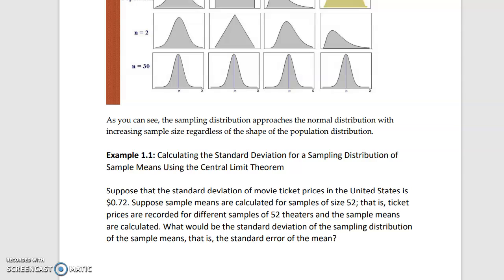So that would be 0.72 divided by the square root of 52. And we call that sigma of x bar. So sigma of x bar will equal, let me calculate it with my calculator.